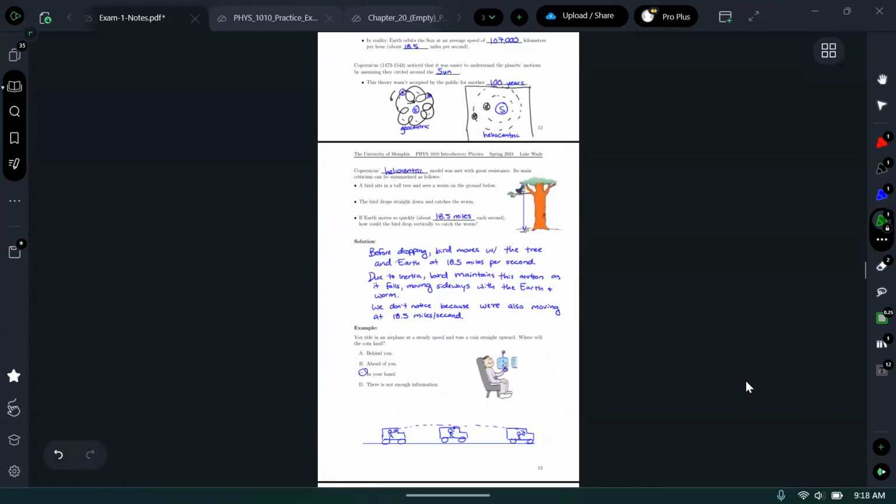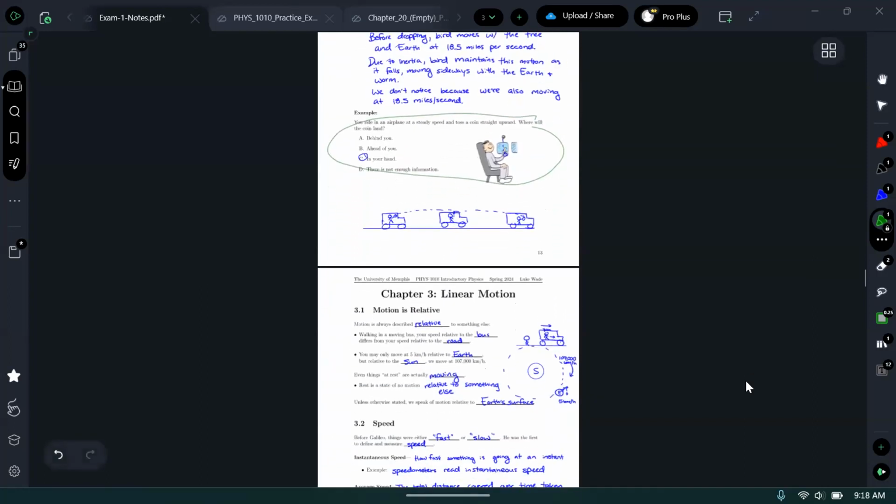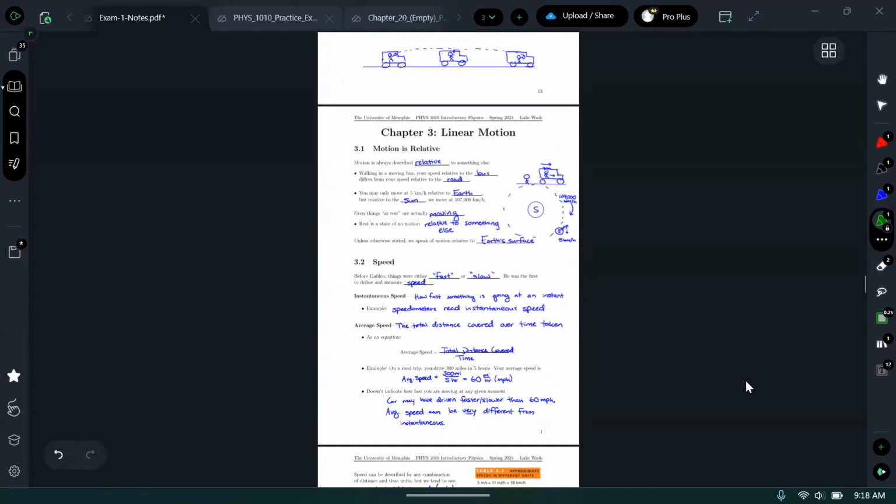And one like this: because of inertia, because the coin keeps moving with the same horizontal speed it had when it left your hand, it lands back in your hand unless you speed up, slow down, or change direction. So still just inertia stuff.